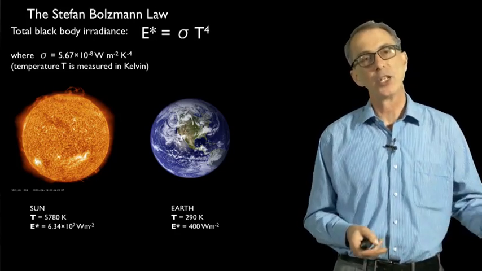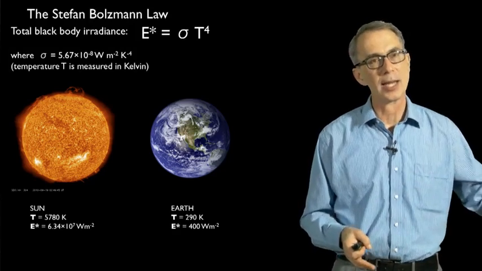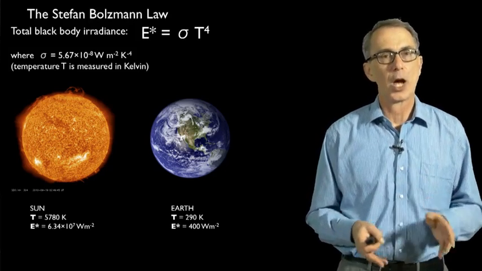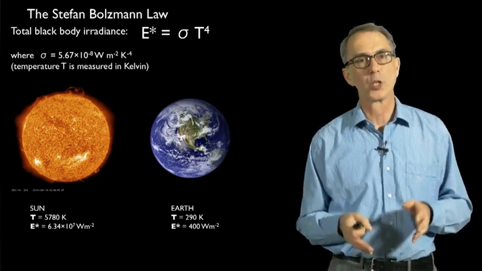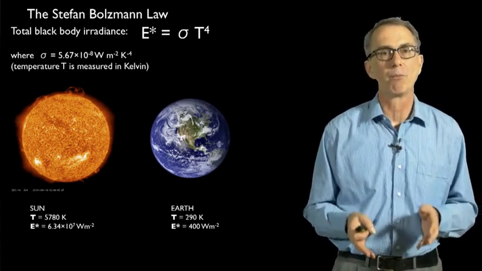Now, the energy from the sun diminishes as the sunlight spreads out, and by the time it reaches the Earth, it's only around 1,376 watts per square metre. And that's not much greater than the emissions from the Earth.